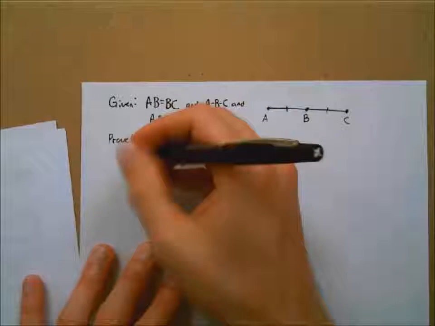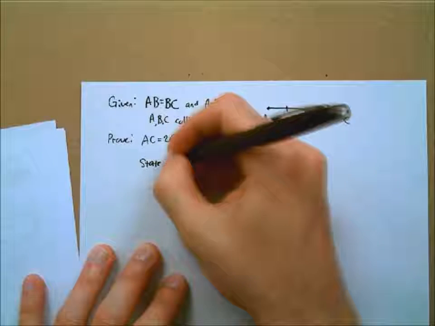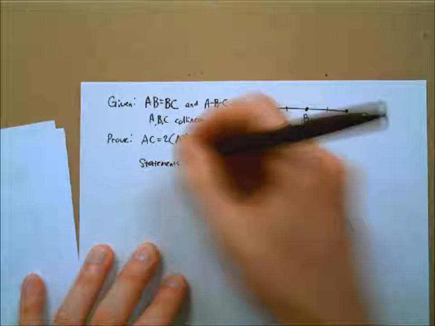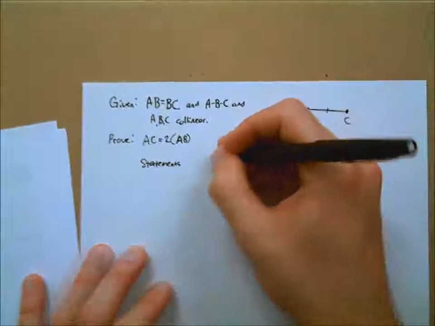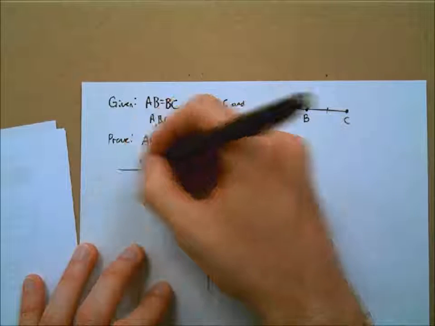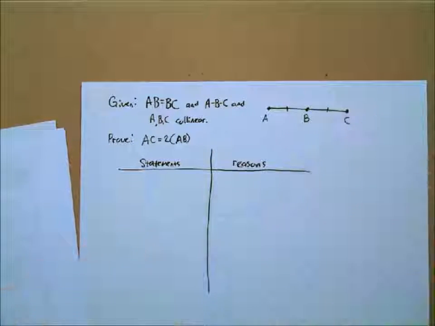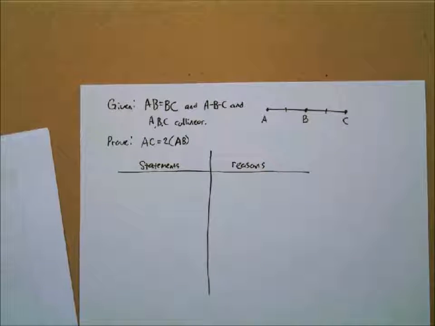So again, I'm going to start with some statements and then give some reasons. Okay, I'm going to draw a little 2-column chart here. If you want to make the chart, you can. You can just start writing it too like that. Okay. Where do we always start with our proof? The given information.